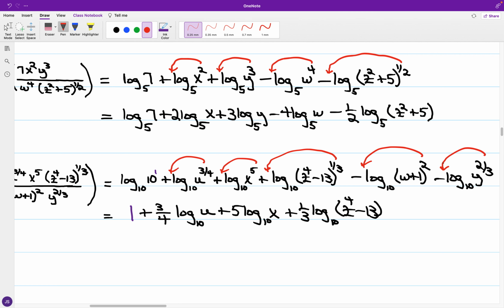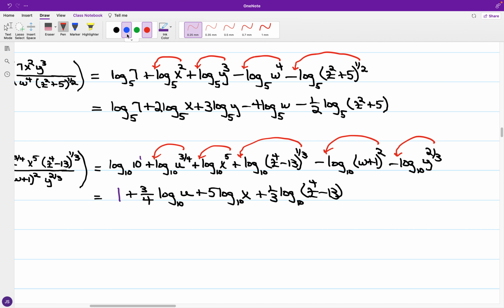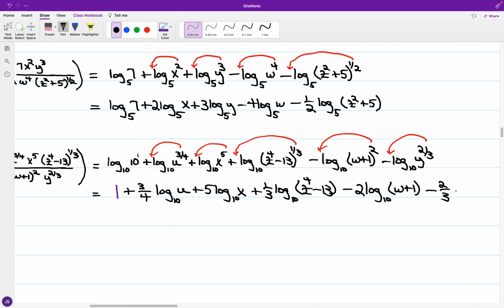And so in the completion of the set, we have minus 2 times the base 10 logarithm of w plus 1, minus 2/3 of the base 10 logarithm of y.